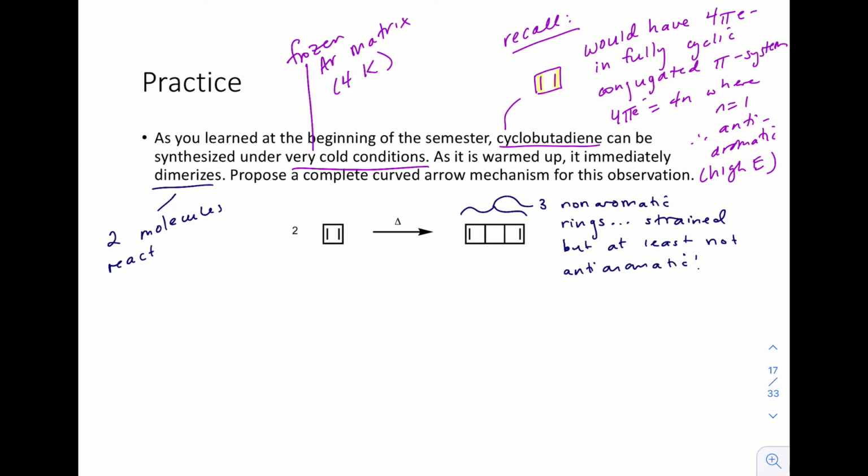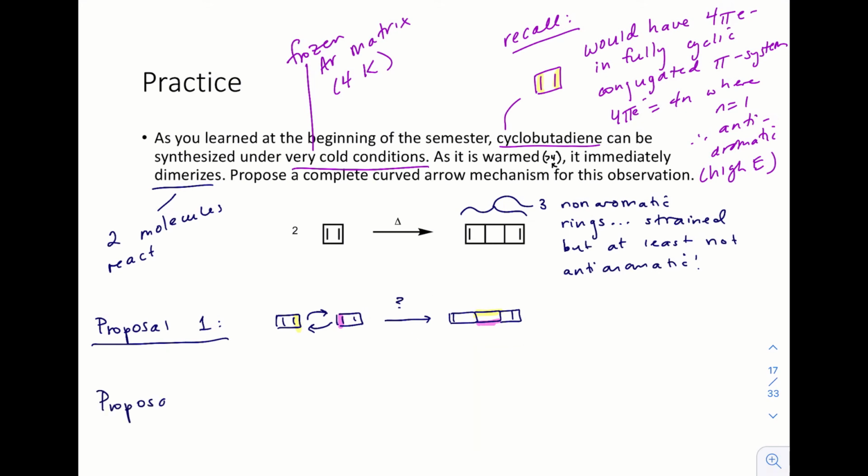So can we propose a complete curved arrow mechanism for the dimerization of cyclobutadiene? Yes, we certainly can. Now, it is very tempting, and quite often I encounter this first mechanism. These two pi electrons make this bond, these two pi electrons make this bond. Now, those curved arrows do result in this product.